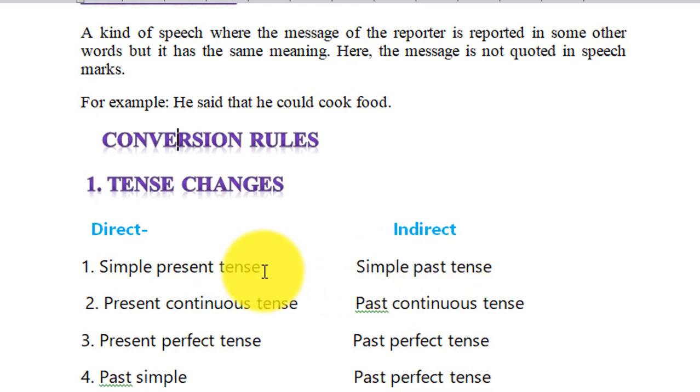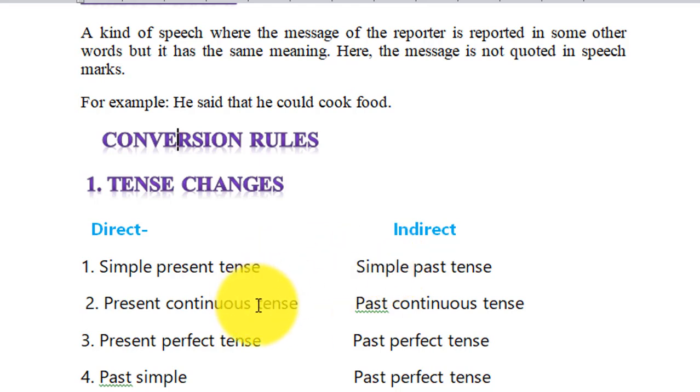It is simple present at the time being, and it is already past when I report to another person, so the tense should be changed from simple present to simple past. Unless we change these tenses, there is no change in the reported speech at all, and that means I have not reported.